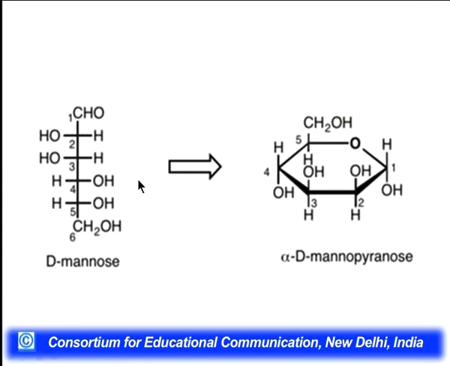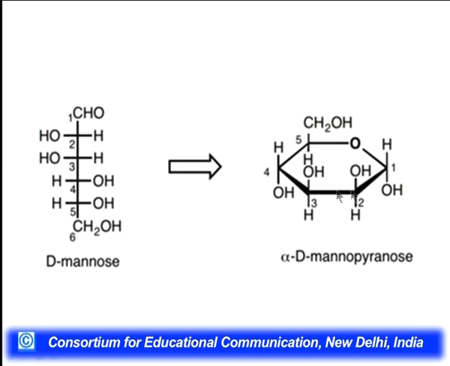At the second carbon, in mannose, the OH is on the left hand side, so it will go up here.